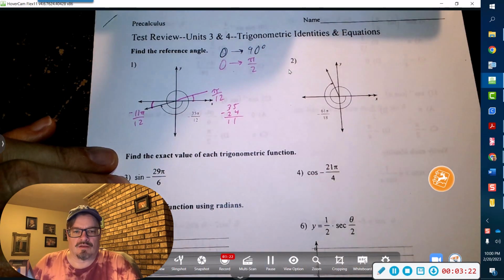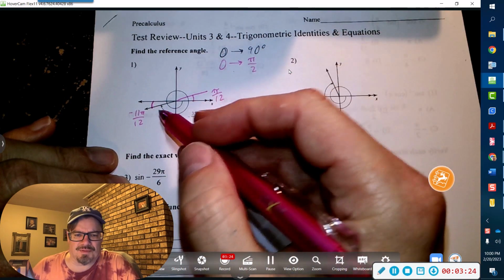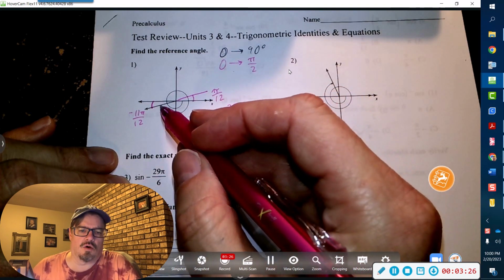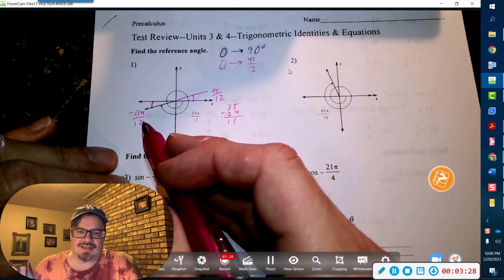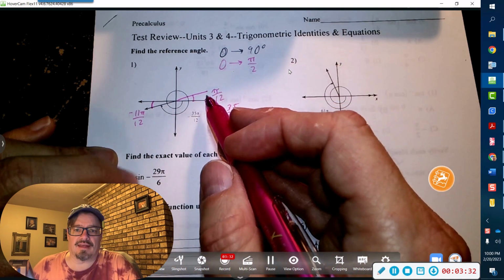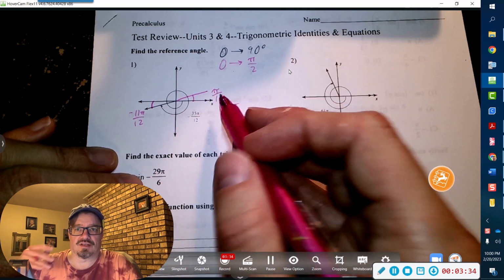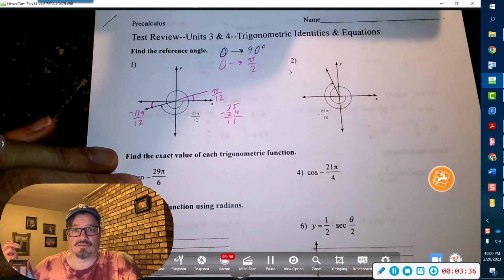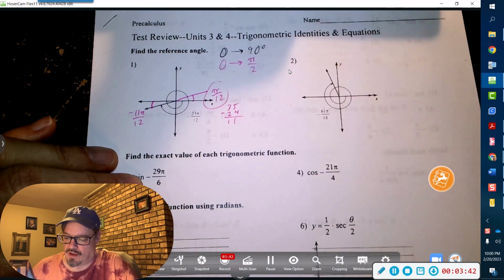Okay? Just because I'm negative 11 pi over 12 here means that this guy is going to have the same coordinates as this pi over 12. It's just an issue of whether or not he is positive or negative, okay, if you're talking about sine, cosine, and tangent. So my answer here is pi over 12.